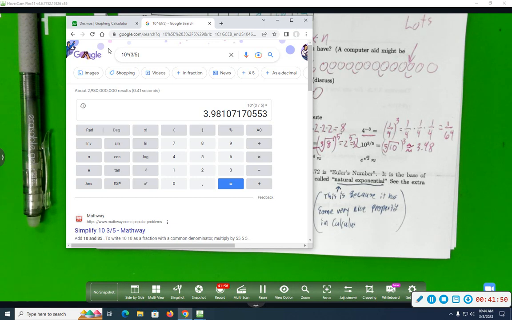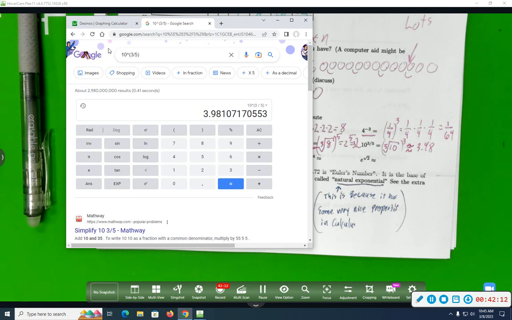Maybe I'll pull the hood back a little bit and say what the computer is actually doing. The computer isn't trying to actually take a 5th root and then cube the result. That would be too hard. One of the tools that you'll build in second semester calculus are called Taylor polynomials.